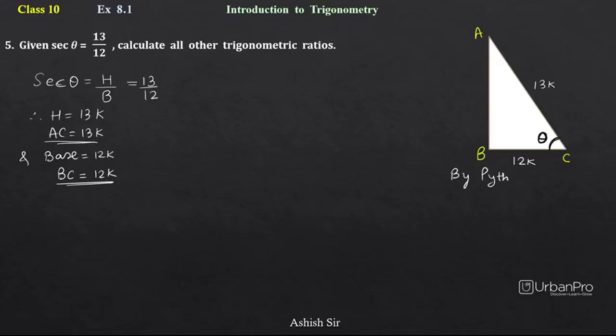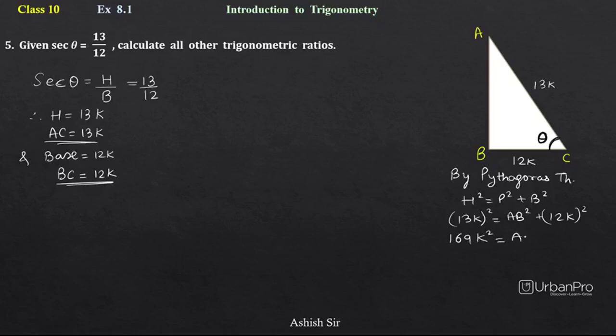So that we can find out by Pythagoras theorem. We know that in Pythagoras theorem, h square equals p square plus b square. Now hypotenuse is 13k square, perpendicular is AB, that we don't know, and base is 12k. Now 13 square is 169k square equals AB square plus 144k square.